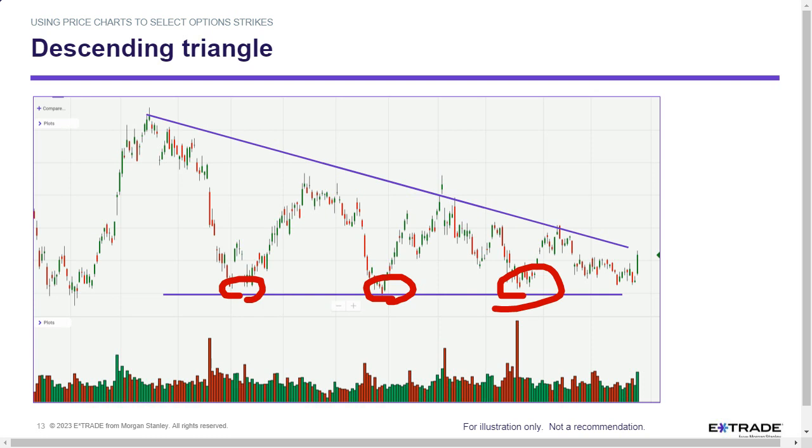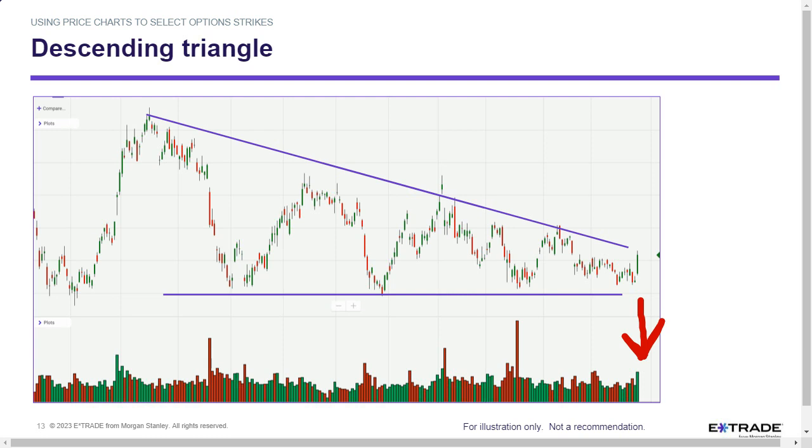Now, this is called a descending triangle, and this has a bias to the downside. What I mean by that is, while it's certainly not guaranteed, if I see a descending triangle, I would expect the breakout to the downside, and that's what I'm going to be looking for.